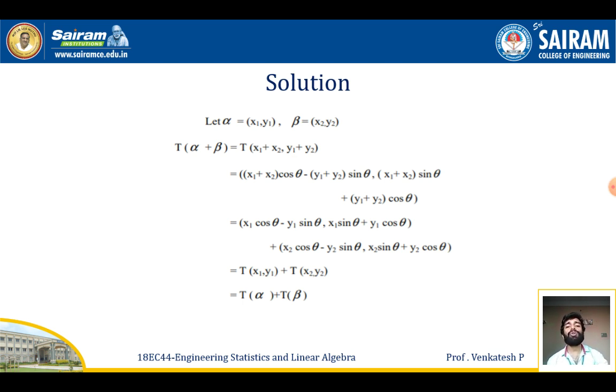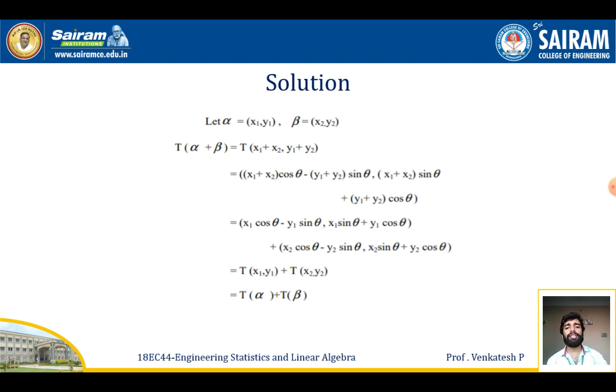So x1 plus x2 cos theta minus y1 plus y2 sin theta, comma x1 plus x2 sin theta plus y1 plus y2 cos theta. So on simplifying this further, I'll be getting what? x1 cos theta minus y1 sin theta, comma x1 sin theta plus y1 cos theta, plus x2 cos theta minus y2 sin theta, comma x2 sin theta plus y2 cos theta.